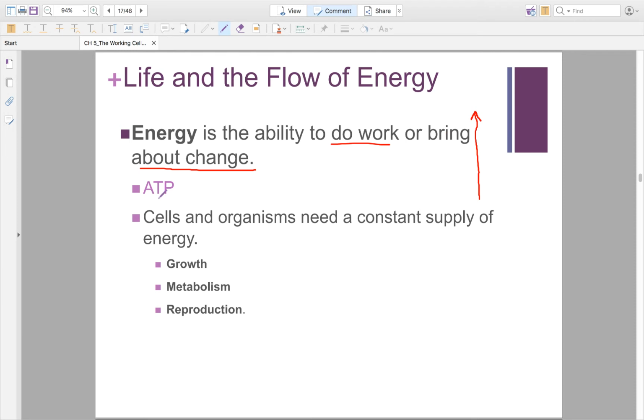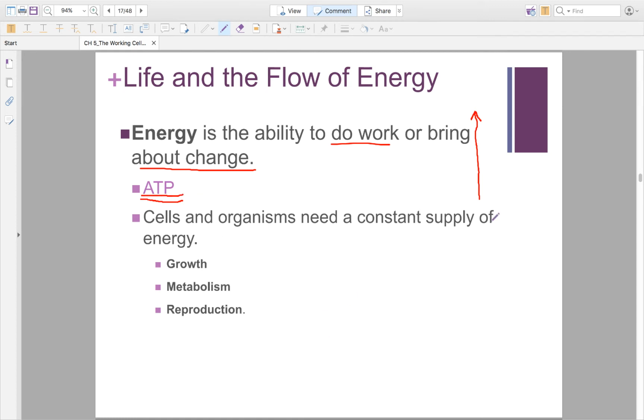Now our cells use energy in the form of ATP. And we're going to talk quite a bit about ATP as we go further into this class. All right, so we need a constant supply of energy, and basically everything on this planet needs a constant supply of energy, everything that's alive. Now how do we get that constant supply of energy?